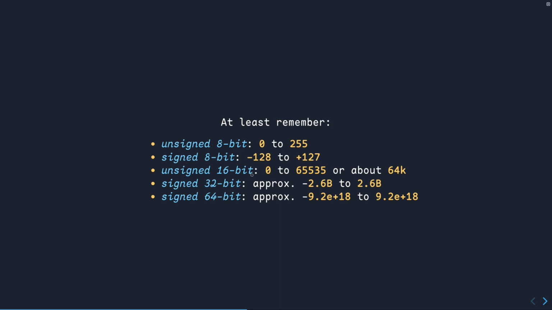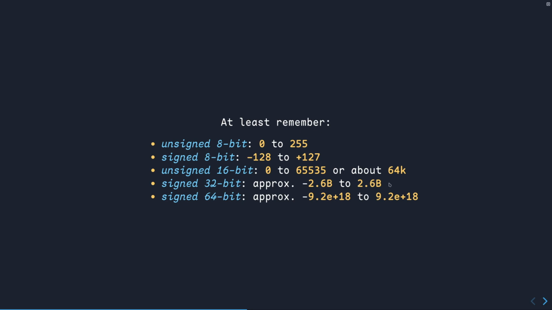Unsigned 16-bit number limits are also very useful to know, because they happen on older architectures a lot. So like 65,535, or about 64K. Then these two are common on basically all modern systems: the 32-bit integer limit, which ranges from minus 2.6 billion to 2.6 billion.